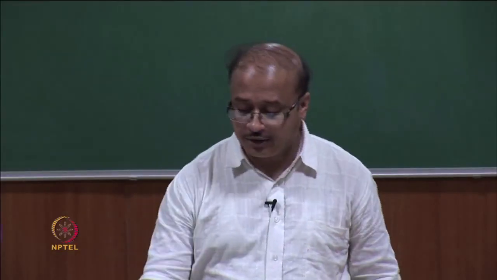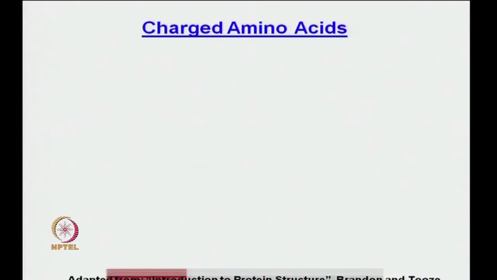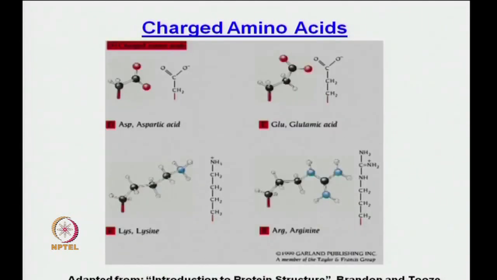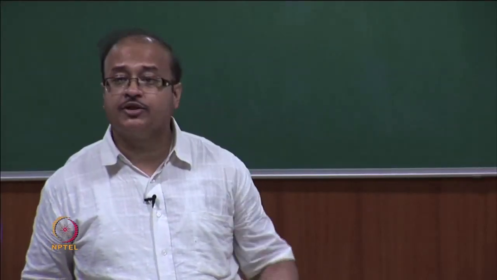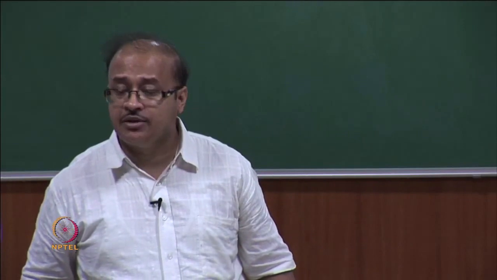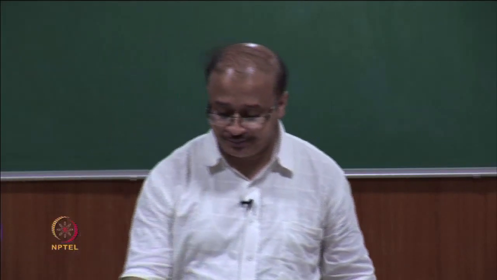Then we have the charged amino acids, which means the R group is charged. We have aspartic acid, glutamic acid, lysine, and arginine.